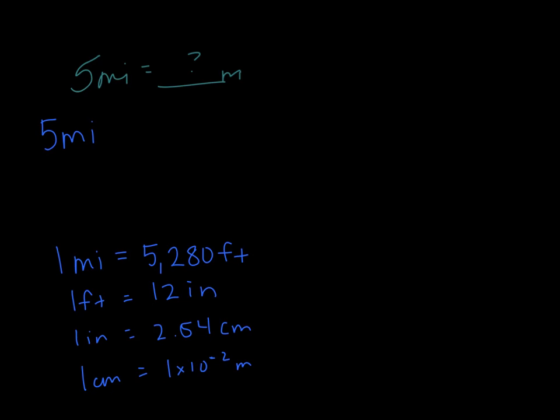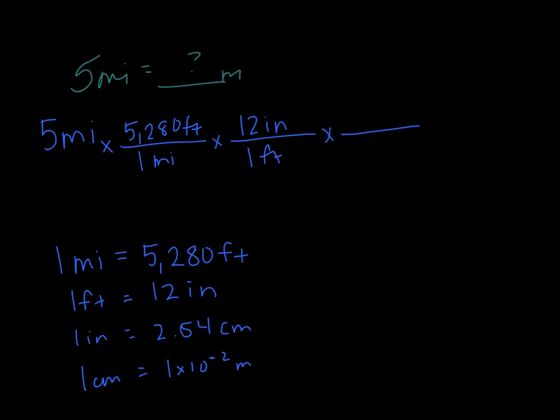All right? And so in order to work this problem, I'm going to start, and miles has to go in the bottom. So I've got 1 mile is 5,280 feet. And then I'm going to have 1 foot is 12 inches.